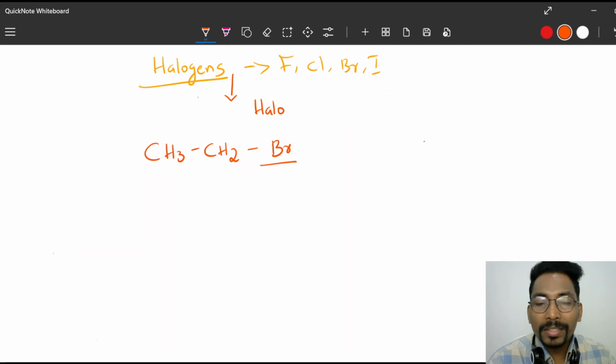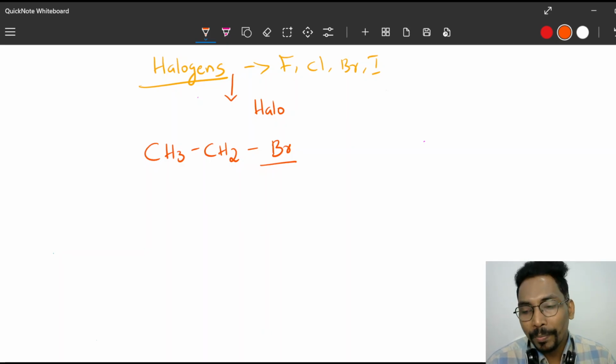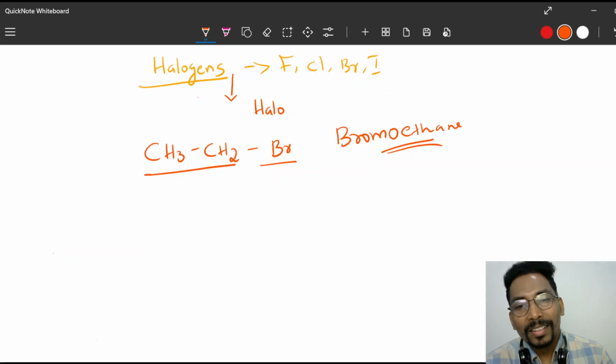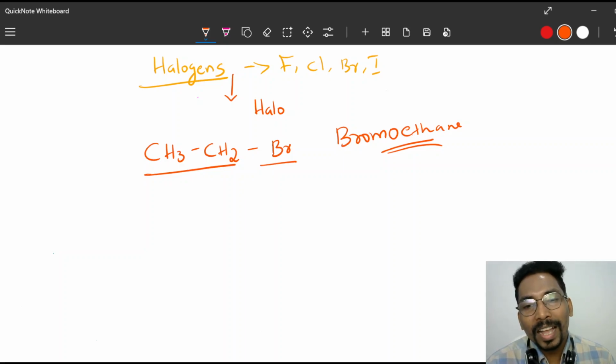And what is the functional group? That is bromine. So bromo. Then what is the carbon chain? Ethene. 2 carbon atoms are there. So bromoethene. That's it. That is the nomenclature of these halogens.